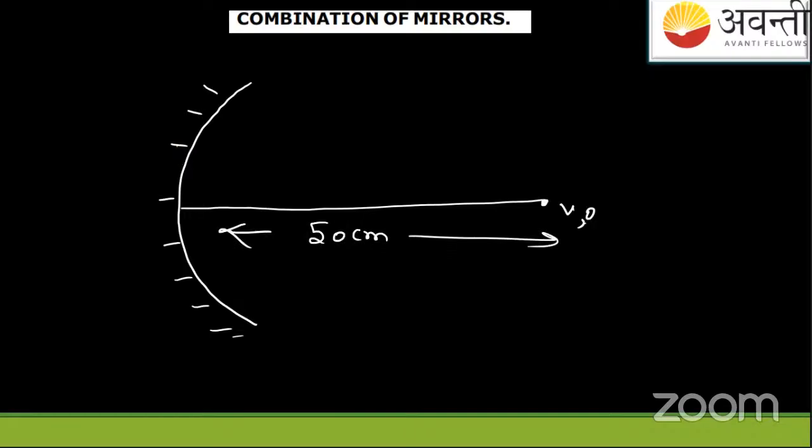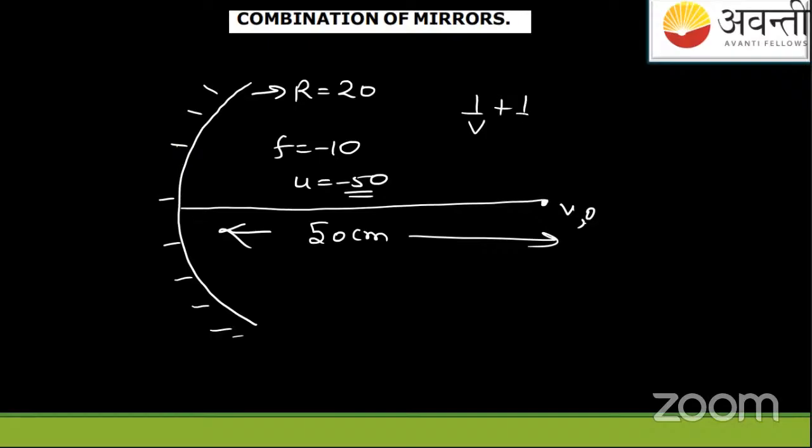And the radius of curvature will not change, because we haven't done any modification or alteration to this concave mirror. So the radius of curvature again is 20 only, the focus will be minus 10 by the convention, and the object distance is minus 50 by the convention. So the final image which you will get is this.